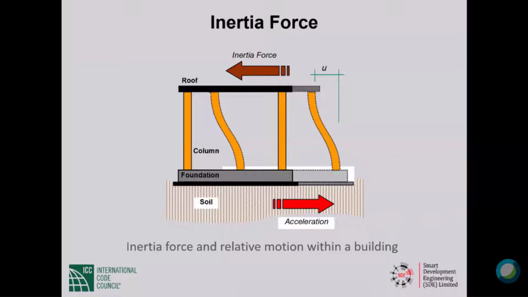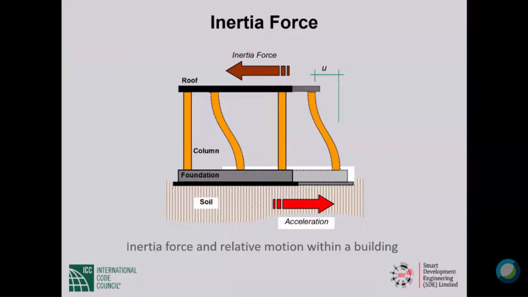It moves every which way at the same time. And the mass of the structure, we have drawn for simplicity a 1 bay, 1 story frame, cannot readily follow the movement of the foundation. It lags behind and then tries to catch up.